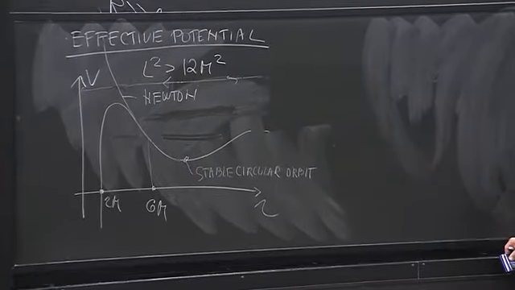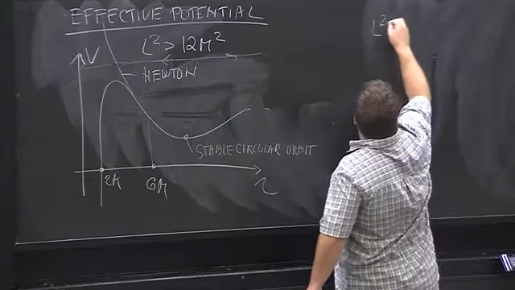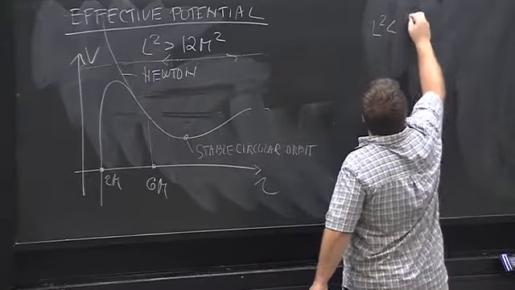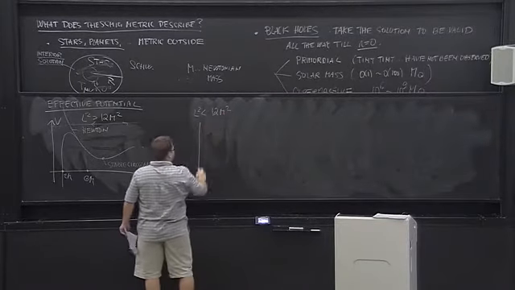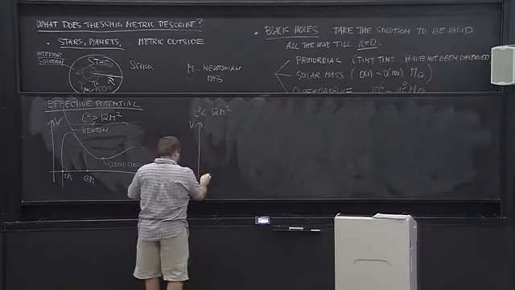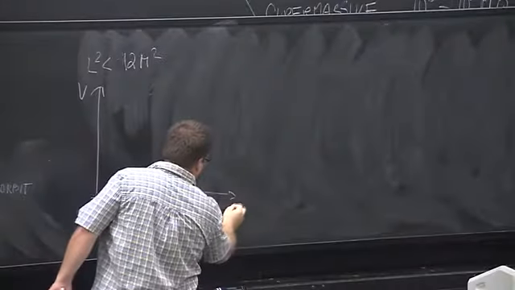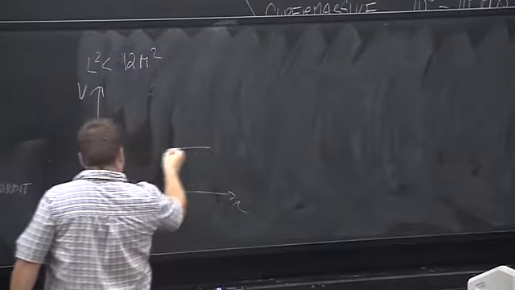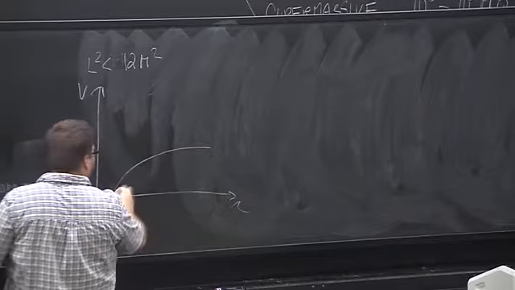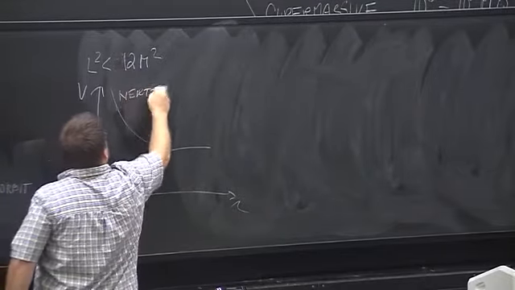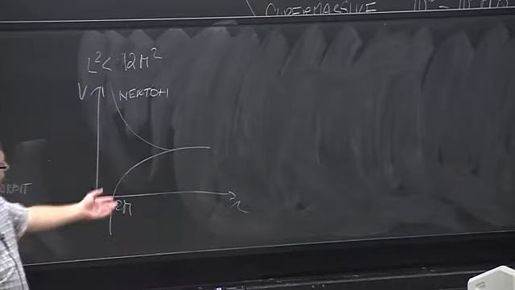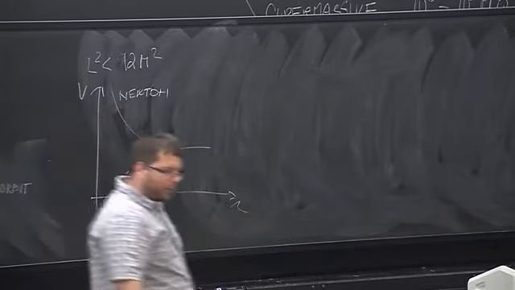The second possibility is more boring, and that's when L square is smaller than 12m square. Simply in this case, it would just go down. There are no maxima or minima, and this thing looks like this. Again, this would be the Newton thing, but here I don't have any bound orbits.